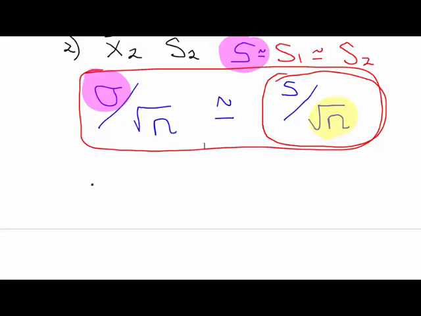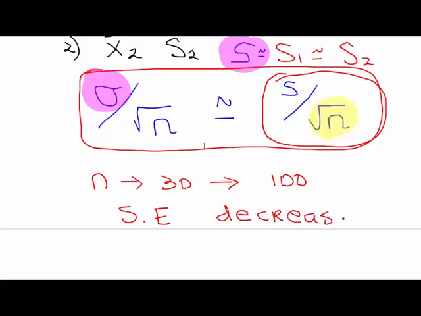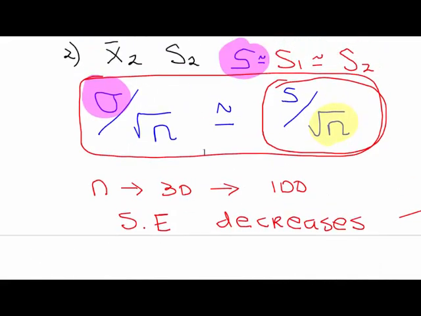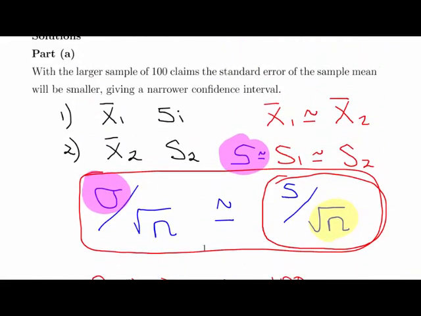So as n goes from 30 to 100, the standard error decreases. Okay, and that means that the interval gets narrower, so it's less of an interval around the sample mean.